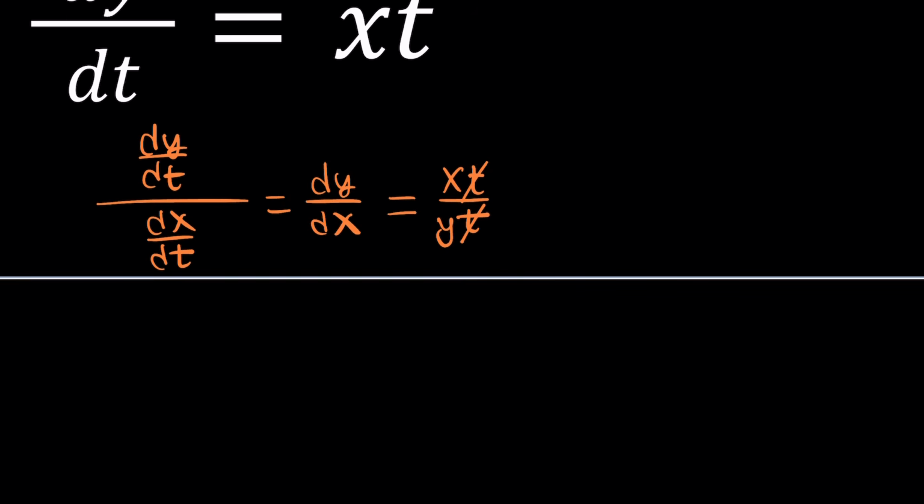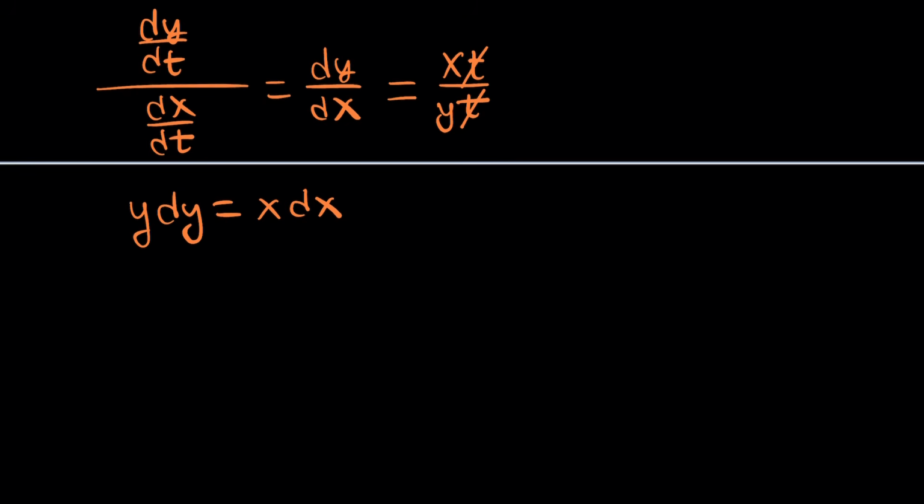Now, this is a separable equation. Let's put the y's together. We have y dy equals x dx. Beautiful. This is really nice because we got rid of t. Good and bad, actually. So let's integrate both sides, and we get y squared over 2 equals x squared over 2 plus some constant c1.